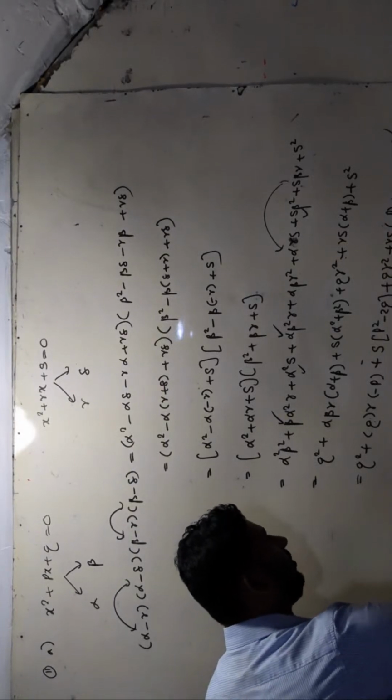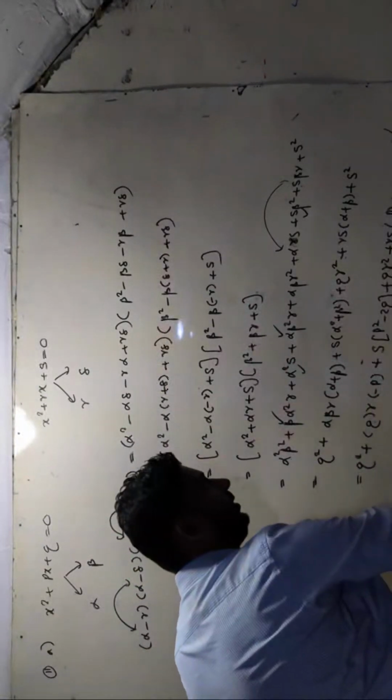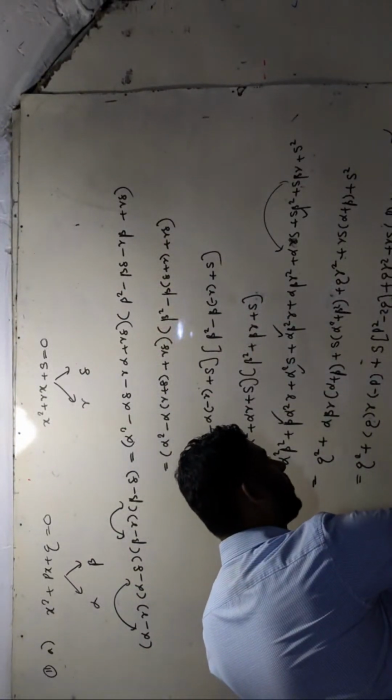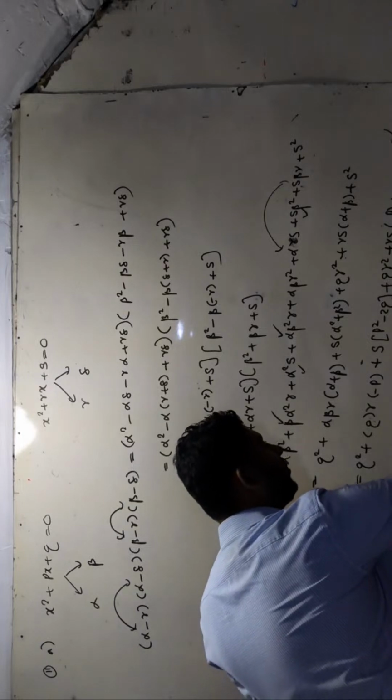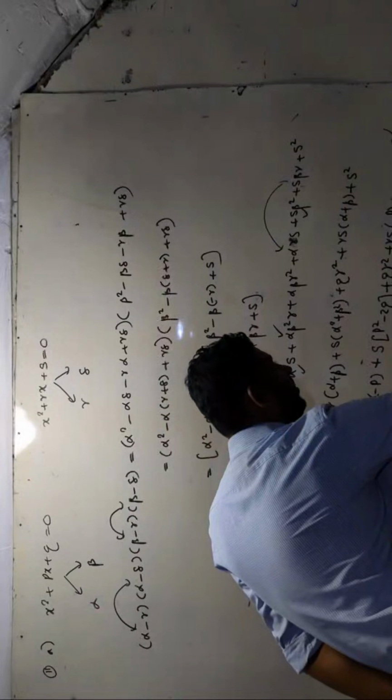So Q squared minus PQR, then SP squared minus 2SQ, and QR squared minus PSR plus S squared. Can't we simplify this one? Very long.